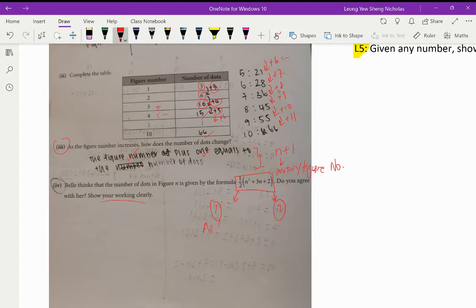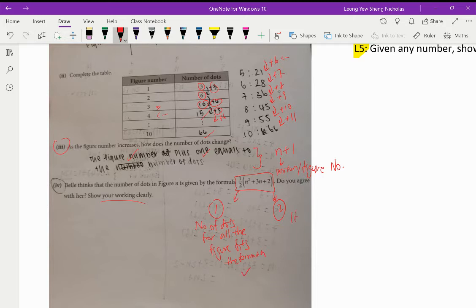So when the number of dots for all the figures fits the formula, that means that this formula is correct.